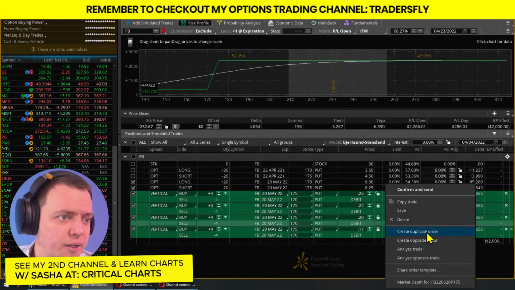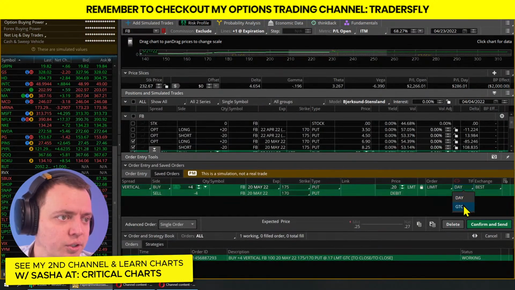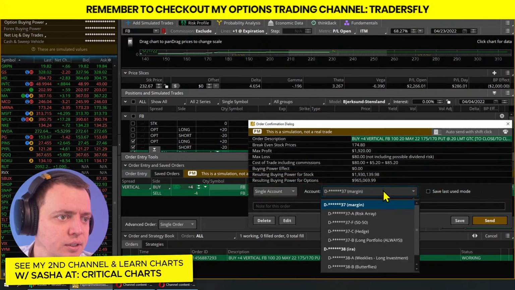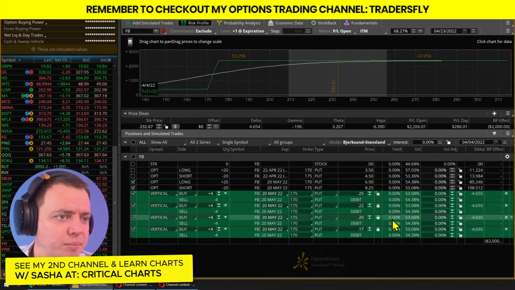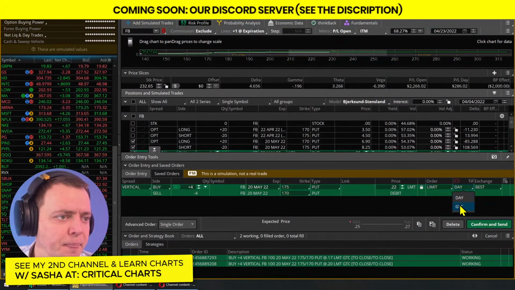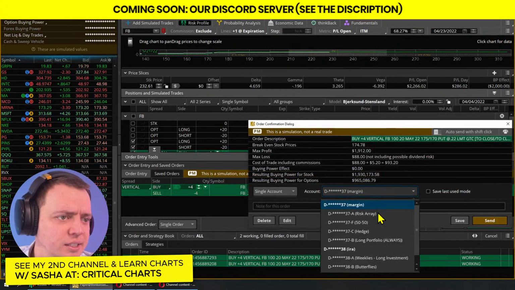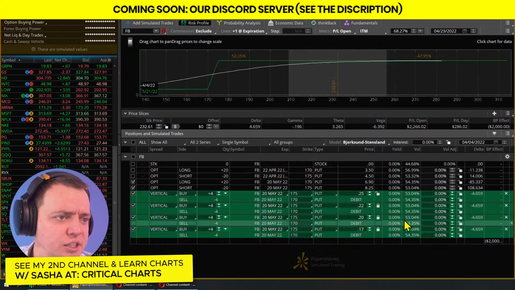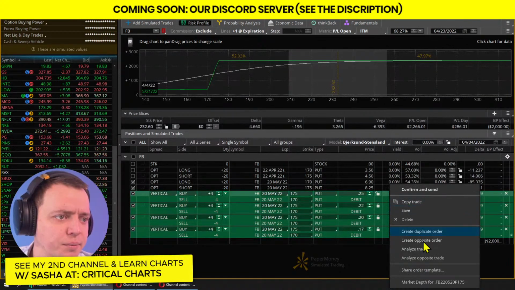So we'll create a duplicate order, good till cancel, and pop those in. Then we'll do another duplicate order just to close things out, so you guys can see the process. It's not all at once, it's just let the stock move and get to your price point.